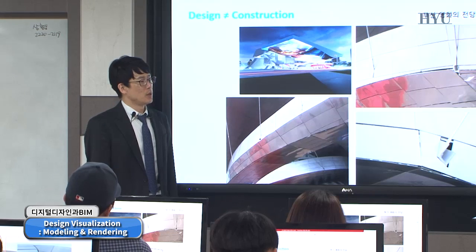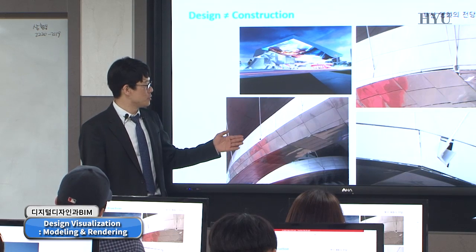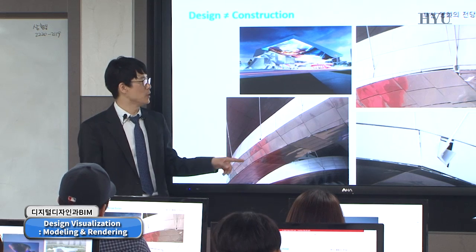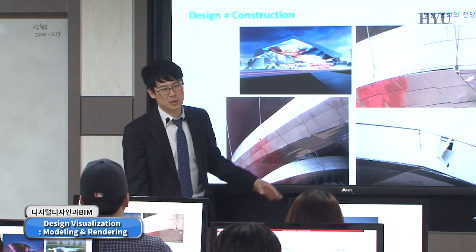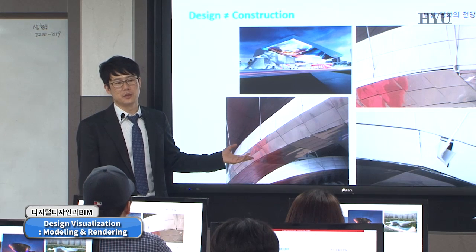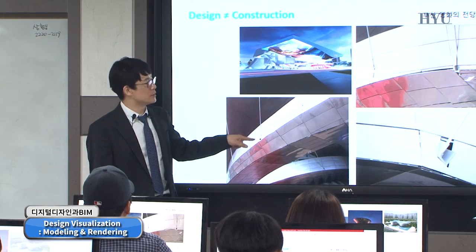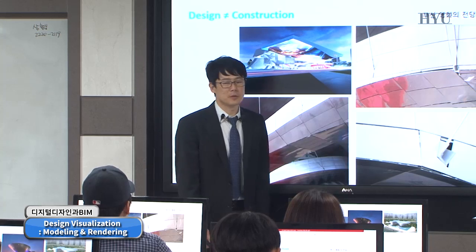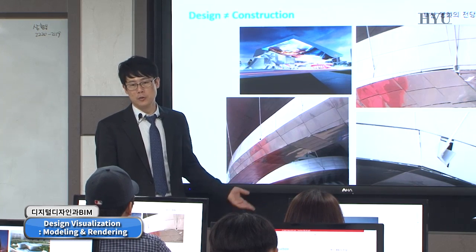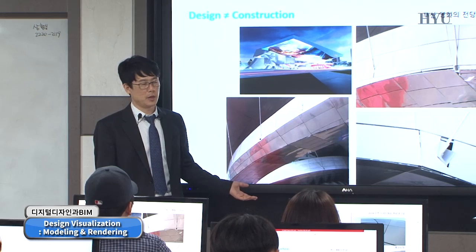So even if on-site workers are very skillful, if he or she doesn't know how to realize this specialized curve, how to realize this building, at the end, the quality of construction could be something like this, very low and very bad quality, okay?